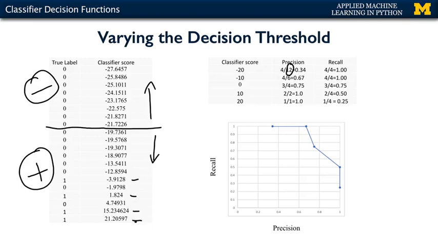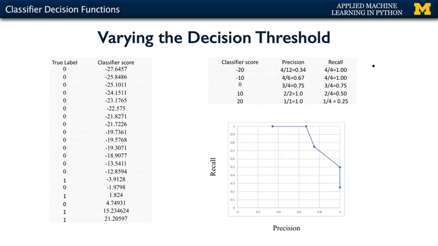And so the precision here is 4 divided by 12, or approximately 0.34. The recall, on the other hand: there are 4 positive labeled instances in the whole set of test examples here, and we found all of them with this particular threshold setting. So the recall here is 4 out of 4. We found all 4 positive labeled examples. And so for this particular threshold of -20, we can obtain precision and recall scores.